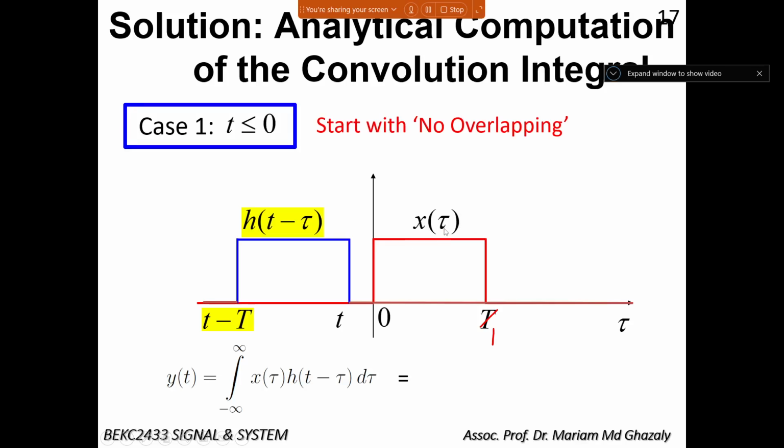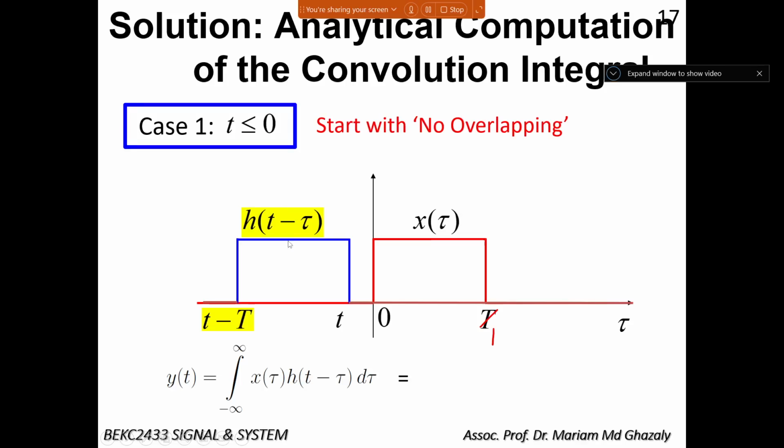Imagine the bicycle example earlier, where you ride a bicycle. Before you reach the step, you don't see that signal, so there's no overlapping. But once you reach the step, your suspension system with the step will overlap as it moves, until it is not overlapping anymore. So we start with the non-overlapping area.